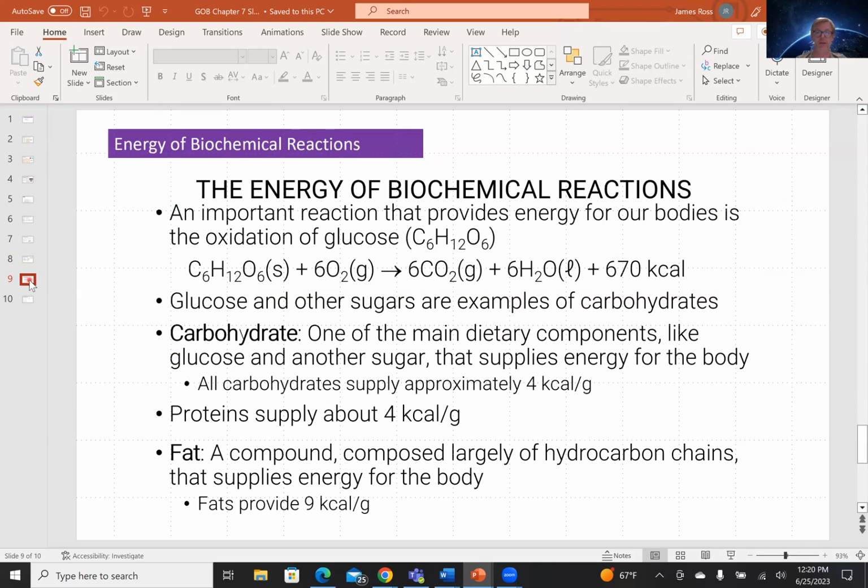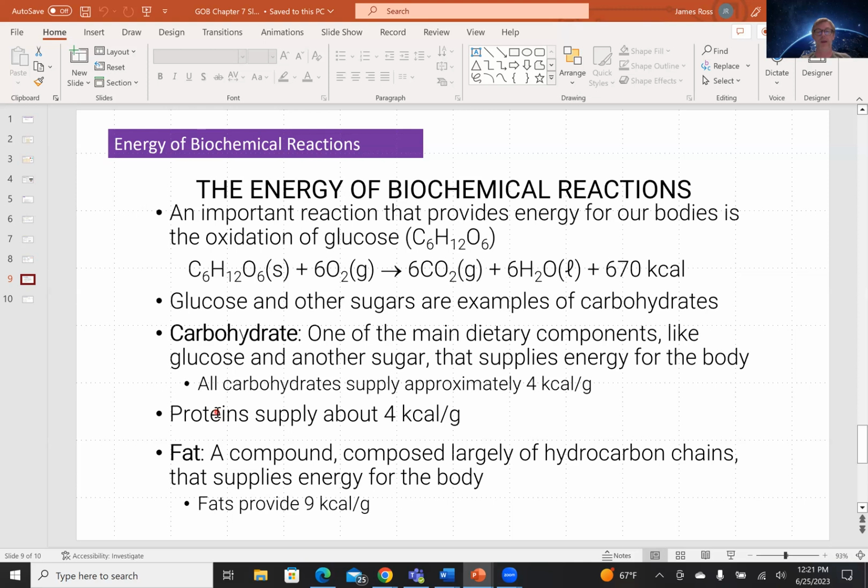Okay, these last couple of slides, we're just going to look at some energy of biochemical reactions. So, for example, we have three major energy sources in our diet. So we have carbohydrates. An example here is glucose. So carbohydrates or sugars, they have approximately 4 kilocalories per gram of energy.